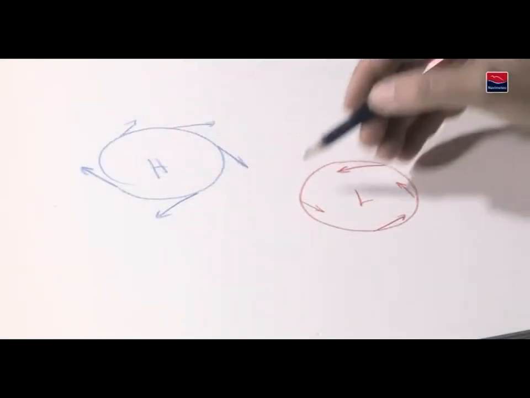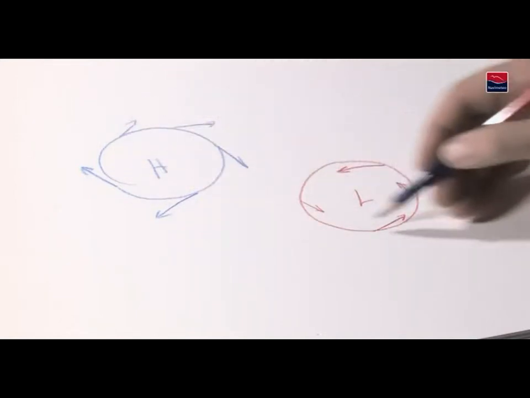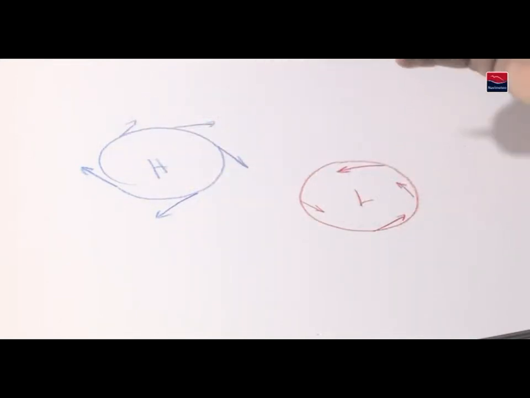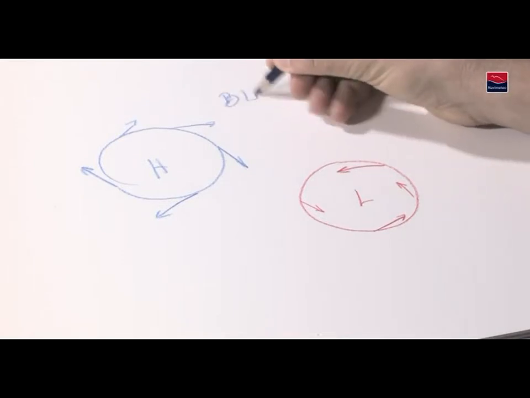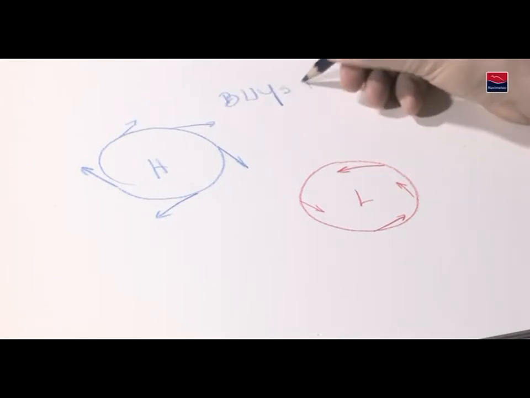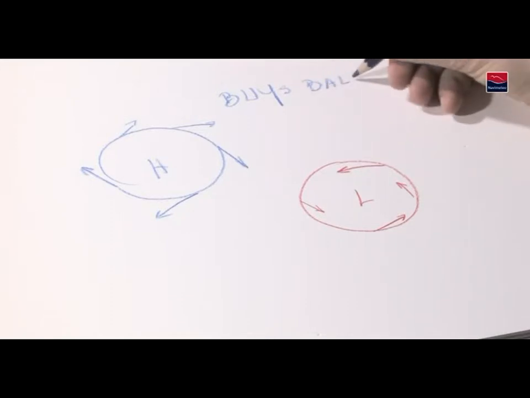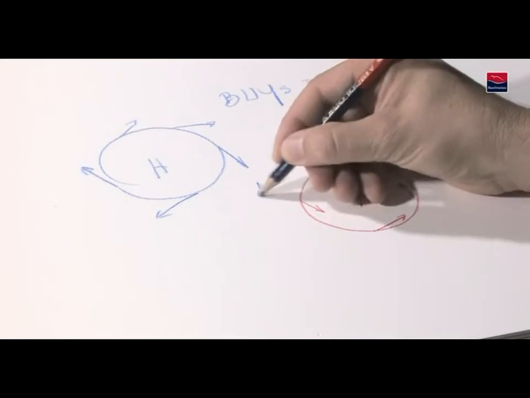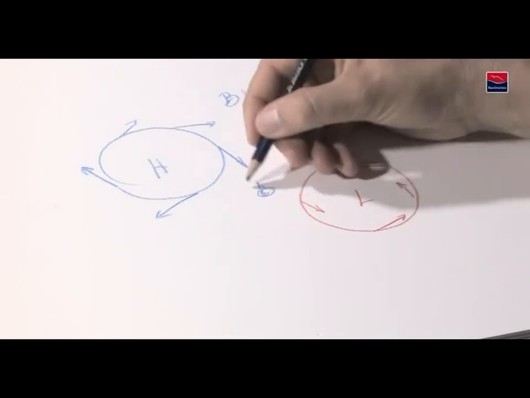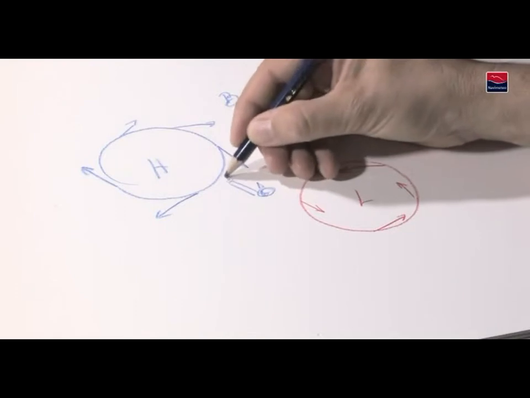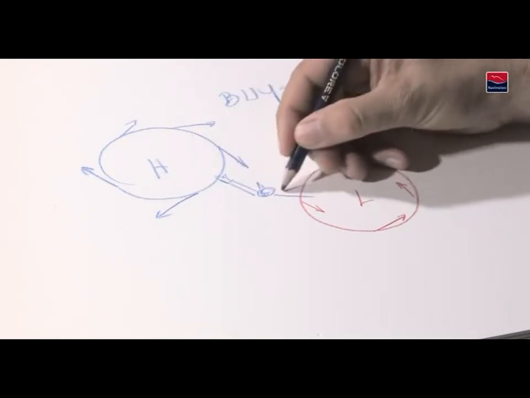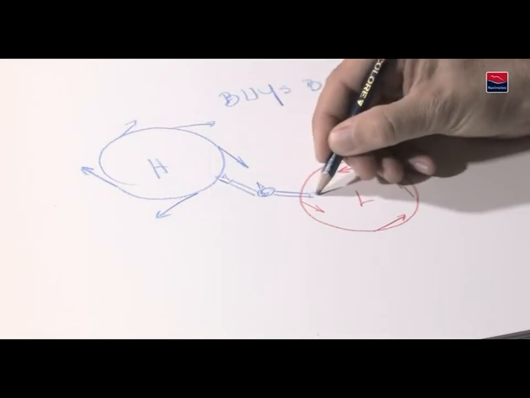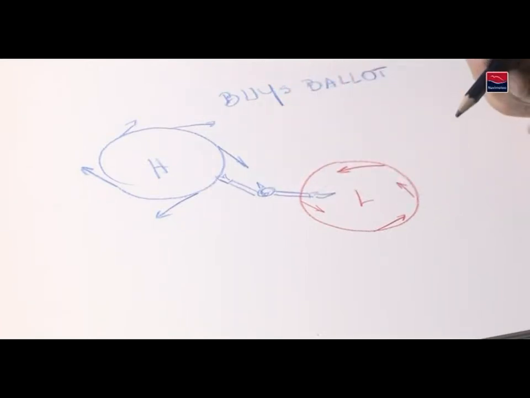Once we have explained how the wind rotates inside highs and lows, let's discuss how the Buys Ballot law implies that an observer facing a headwind will always have the high pressure on his left-hand side and low pressure on his right-hand side.